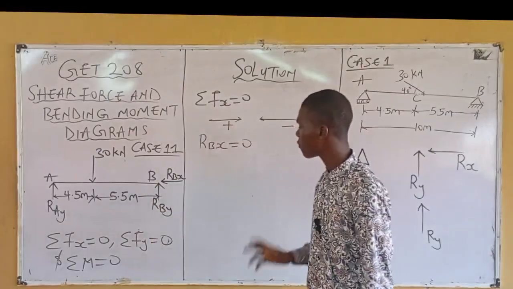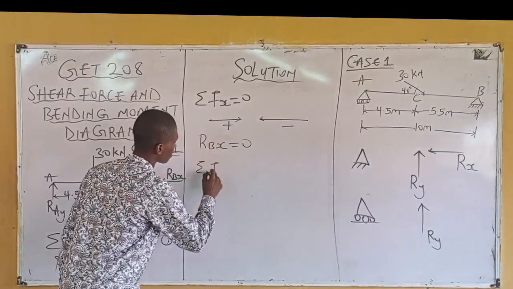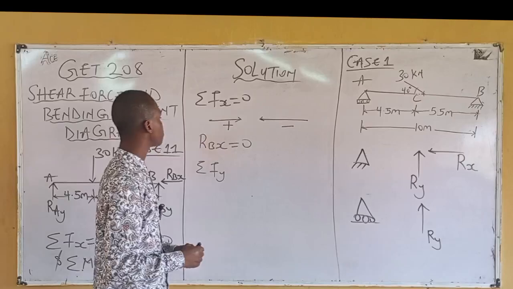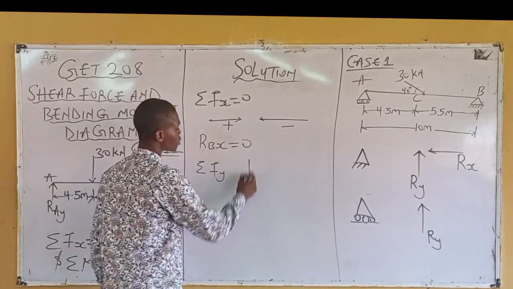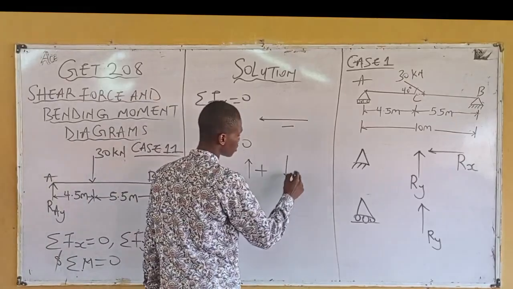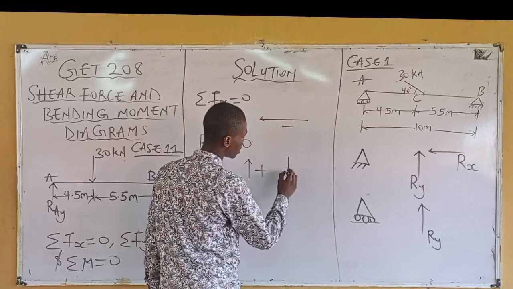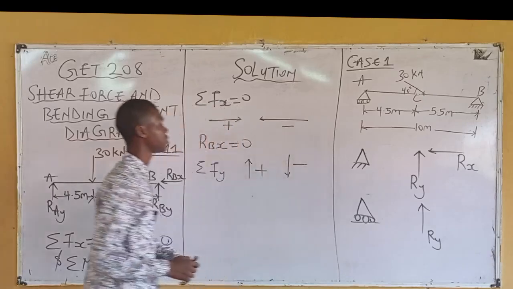Now the next one is summation of Fy. When considering this equation of equilibrium, forces of this nature are positive, and forces of this nature are negative.